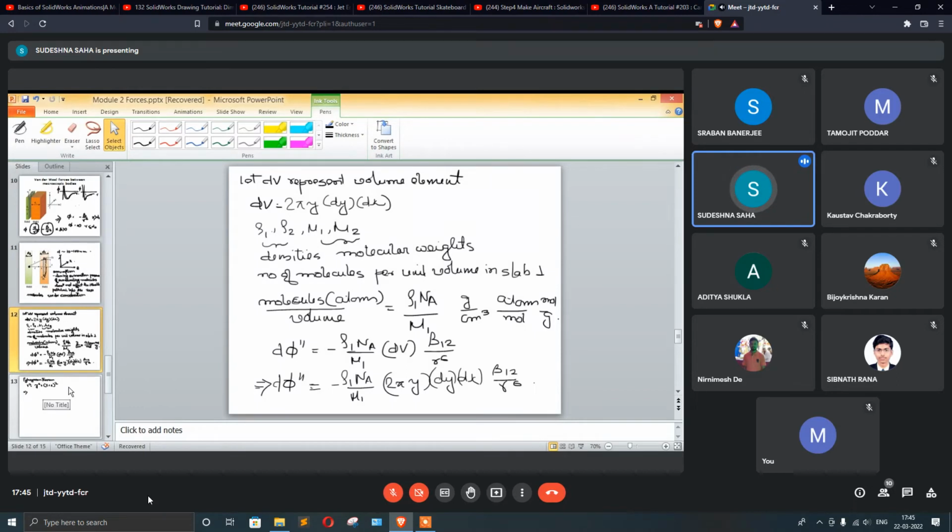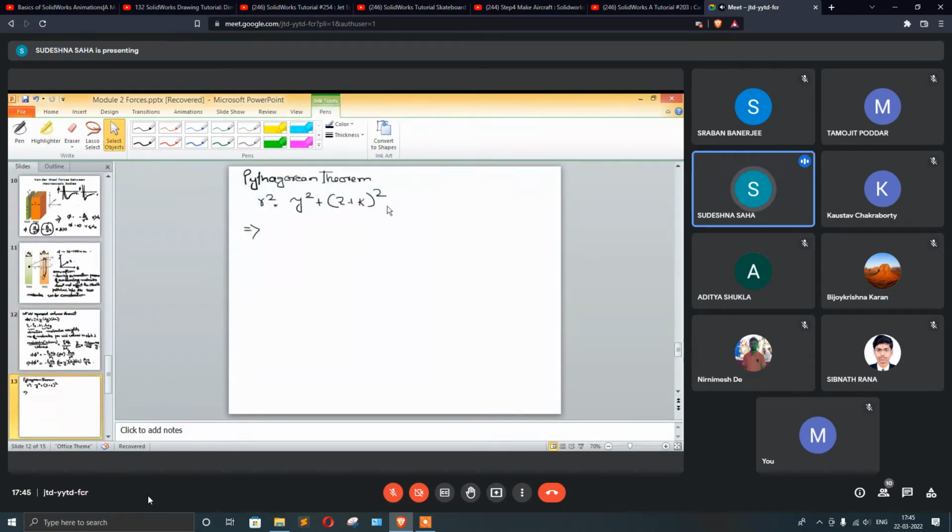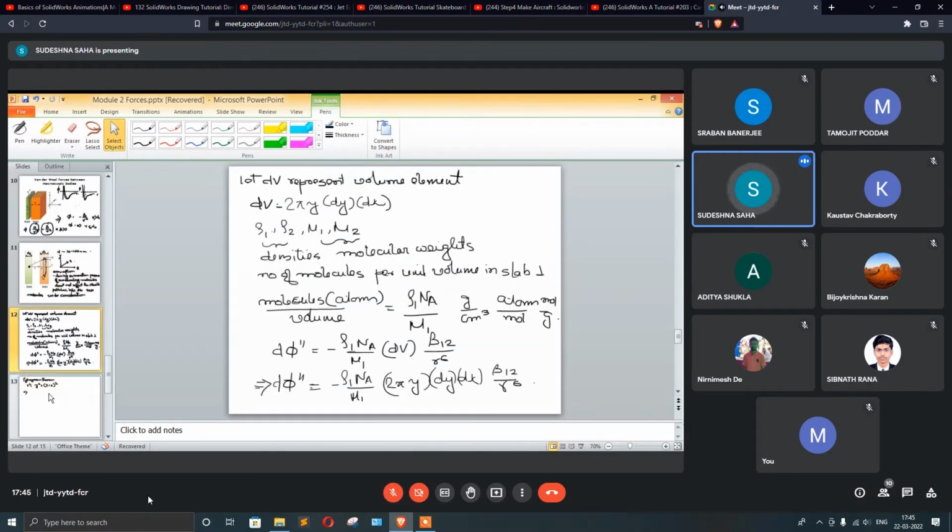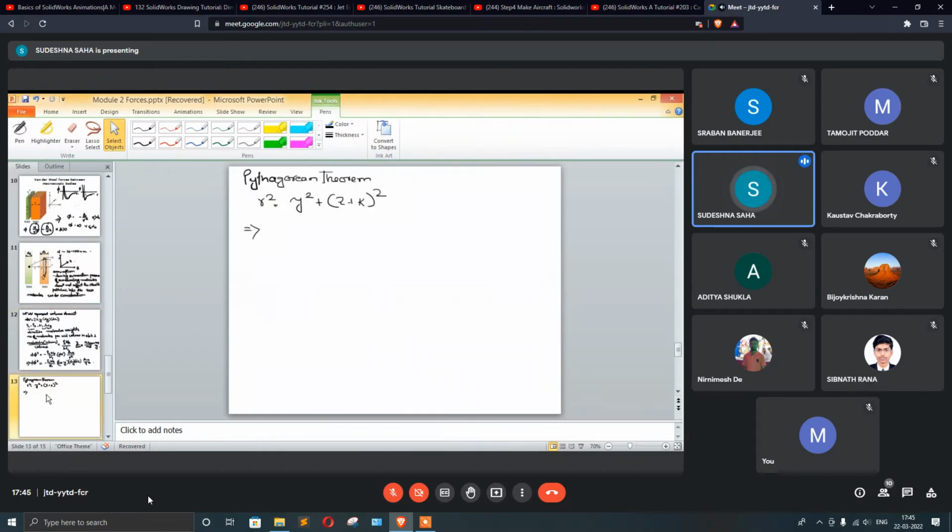If we put the r square value over here, y square plus z plus k whole square whole to the power cube, we will obtain this equation.